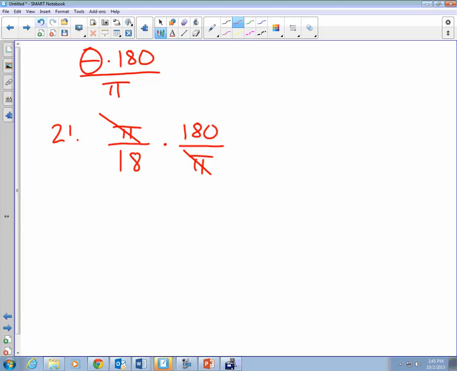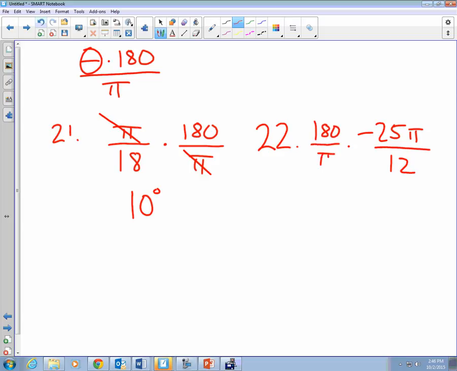180 divided by 18, 10 degrees. And for 22, we have negative 25 pi over 12. What do we multiply that by? 180 over pi. What happens to the pi's? They cancel.